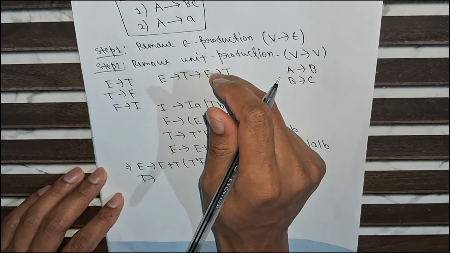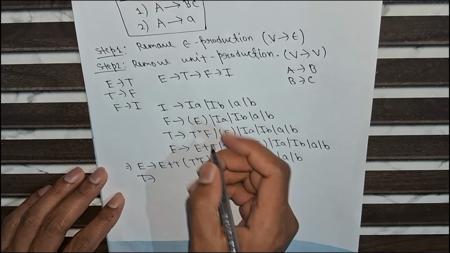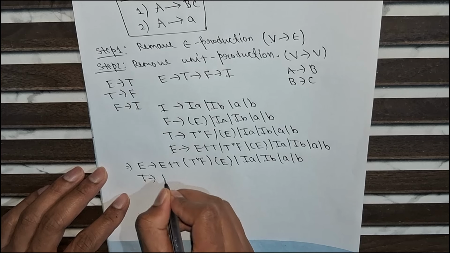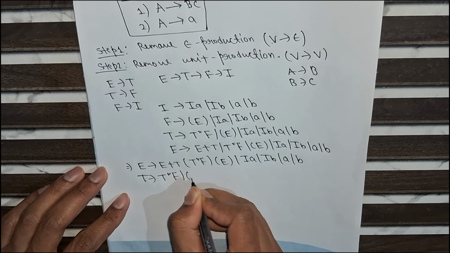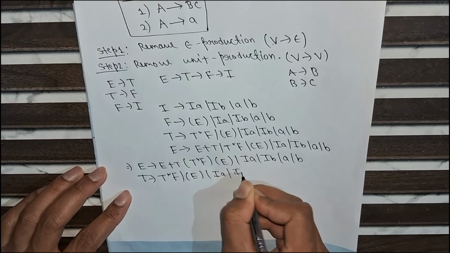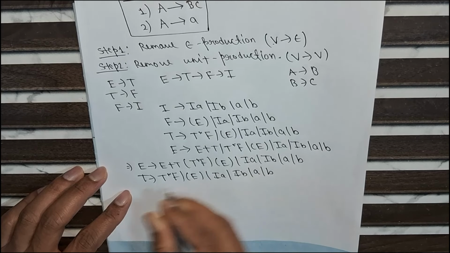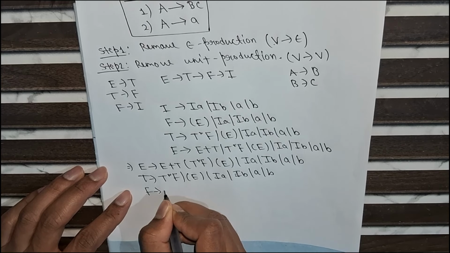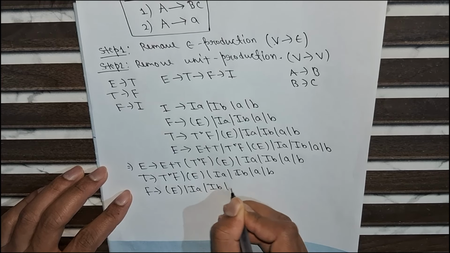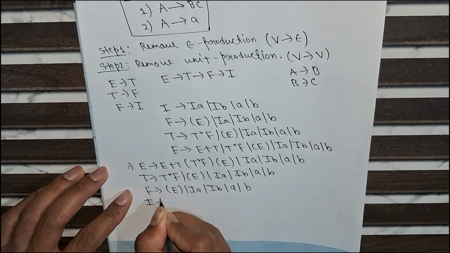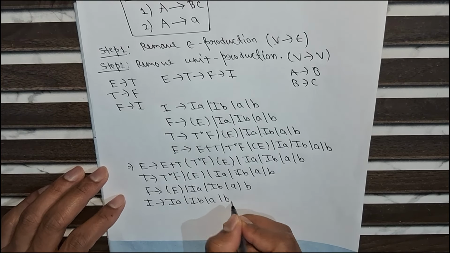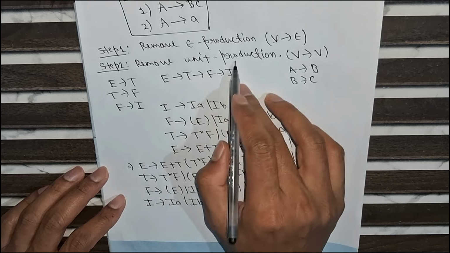You can directly write from here to here; I am writing this to explain it to you. So T star F, E, IA, IB, A and B. Now the F: E, IA, IB, A, B. Then I: IA, IB, A and B. So this is the result after removing the unit production.